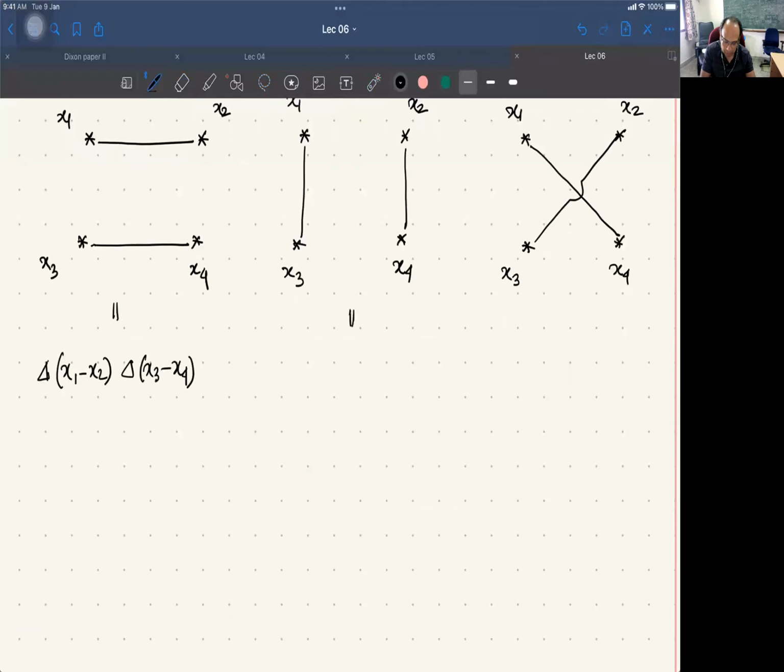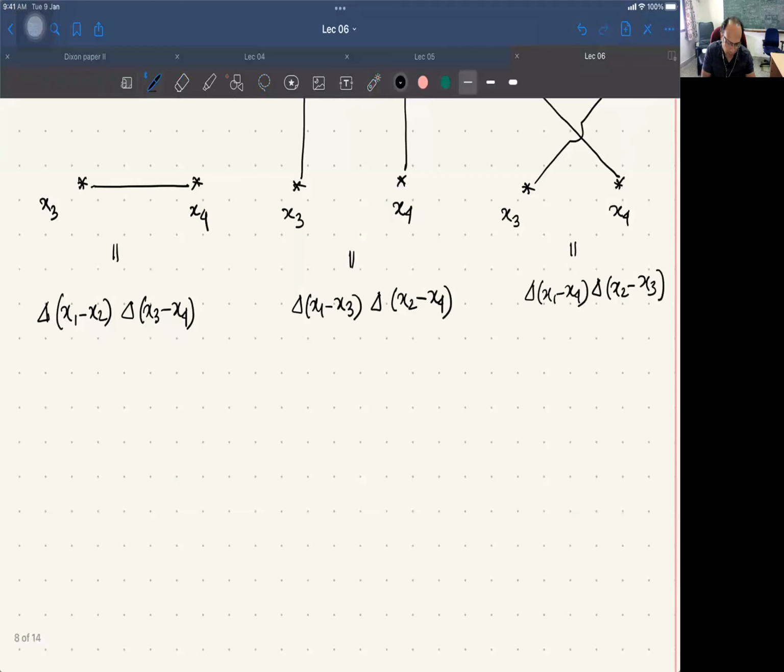This one is delta(x1 minus x3) delta(x2 minus x4), and this one will be delta(x1 minus x4) delta(x2 minus x3). Similarly, G5 is going to be 0, and you can have G6 and so on.